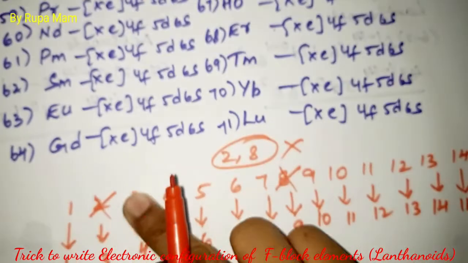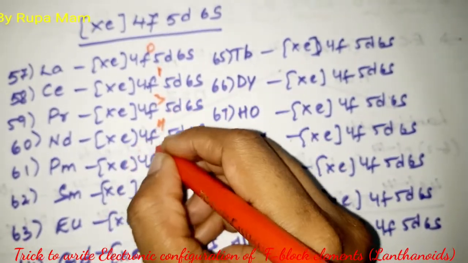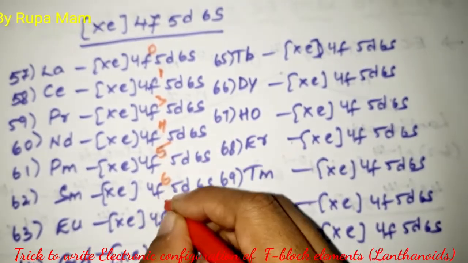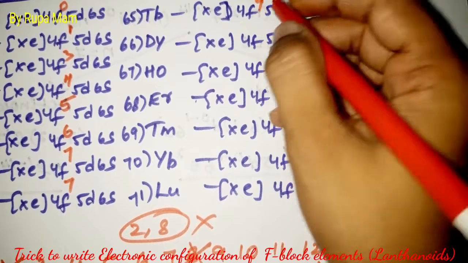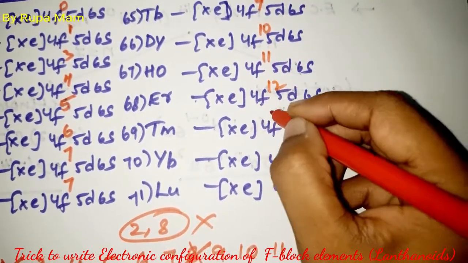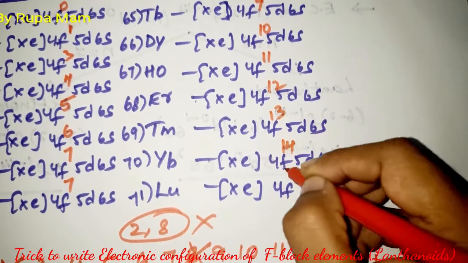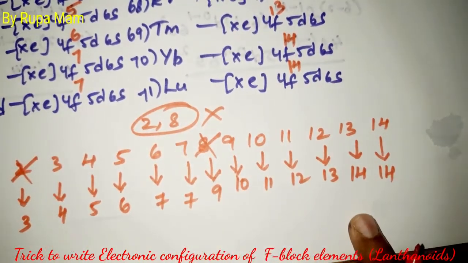Next is 3, next 4, 5, 6, 7, 7, and here 9, 10, 11, 12, 13, 14, 14. Here the f orbitals are filled from 1 to 14.